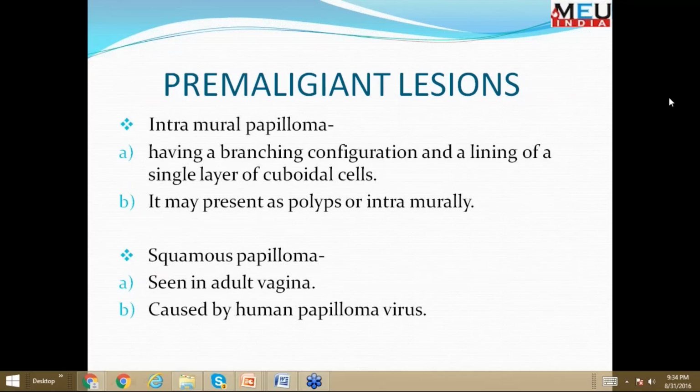The premalignant lesions involved are the intramural papilloma, which has a branching configuration and a lining of a single layer of cuboidal cells, and may be present as polyps or intramurally. The squamous cell papilloma is seen in the adult vagina, caused by human papilloma virus.